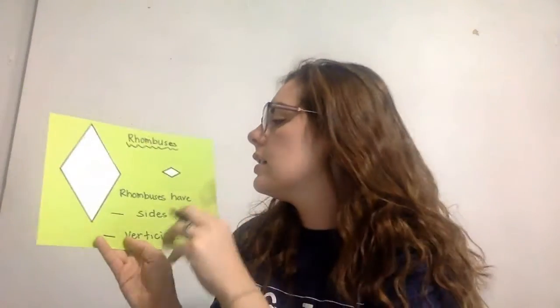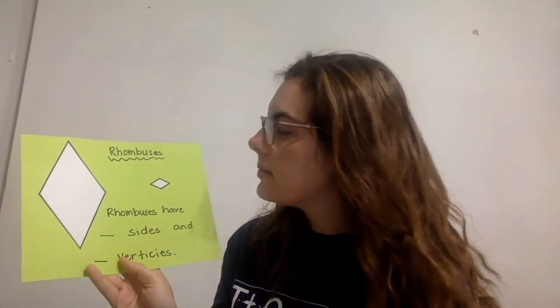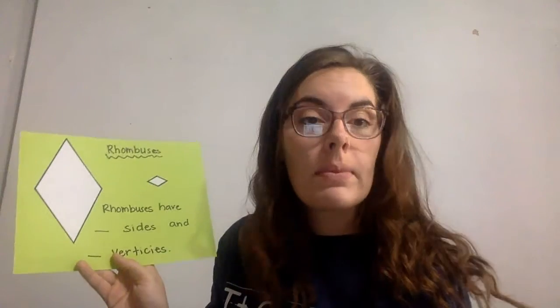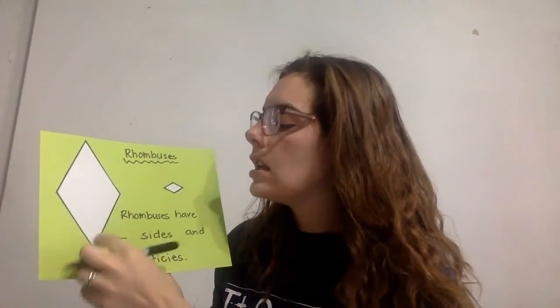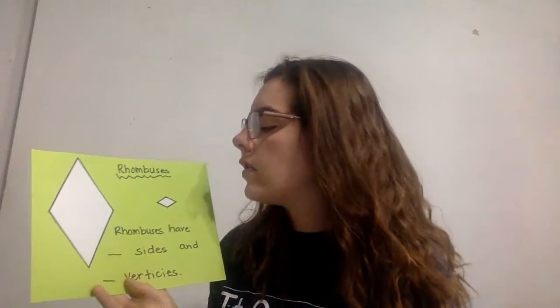Next one we're going to look at is that rhombus, which is a new kind of weird word. So rhombuses. So again, we have our bigger rhombus, and then we have our smaller rhombus. Now, let's look and count the sides of a rhombus. So remember, it's these long ones. 1, 2, 3, 4.